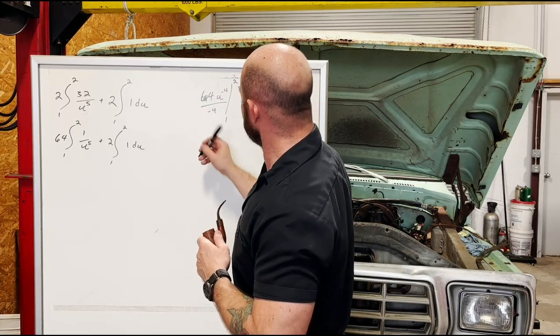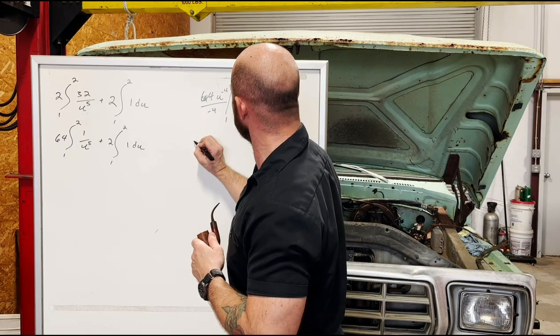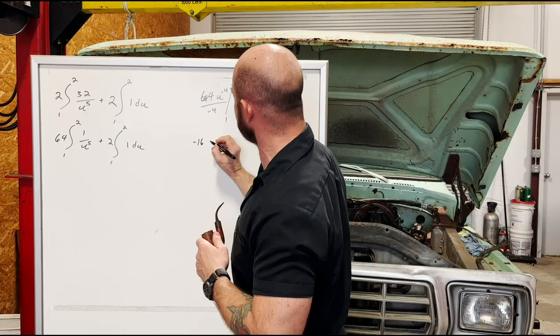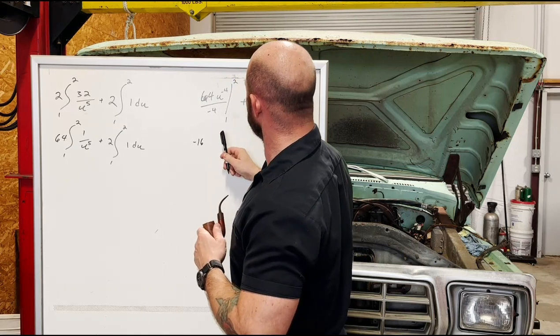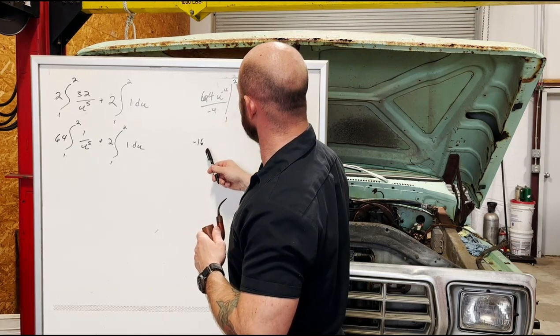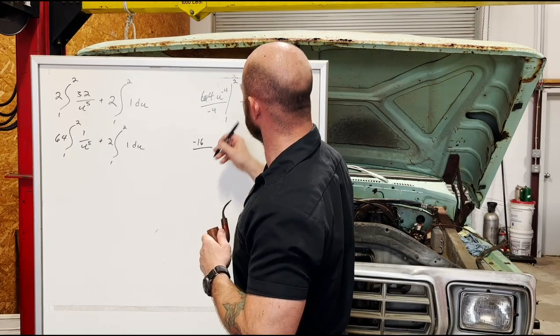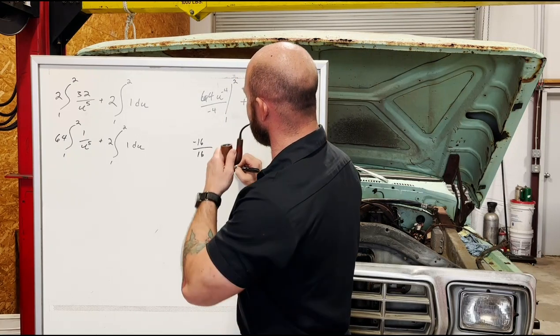or first let's reduce this. 64 divided by negative 4 is negative 16. This u becomes in the denominator. 2 to the 4 is 16.